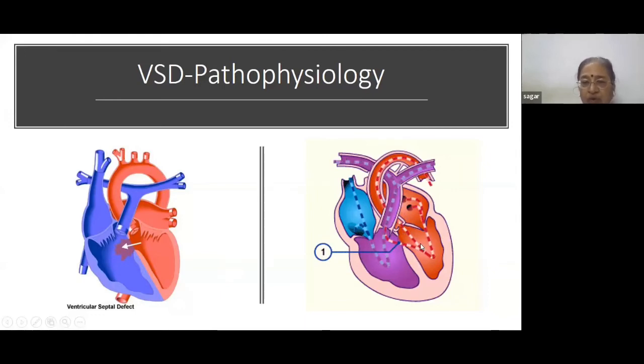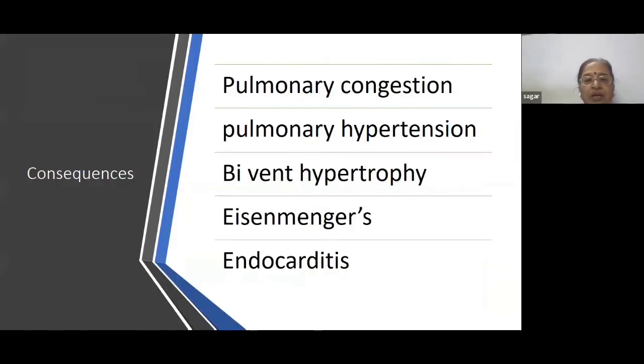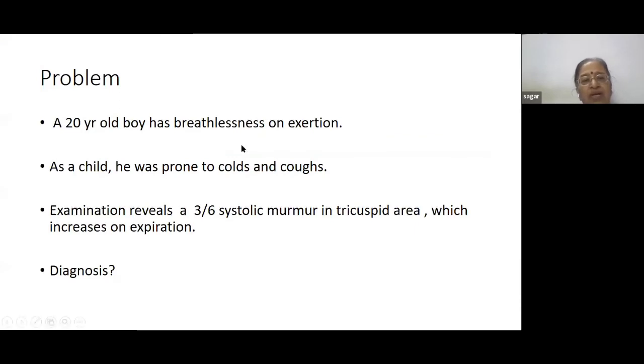So the LV also is at risk of volume overload. So consequences are pulmonary congestion initially, later on pulmonary hypertension, biventricular hypertrophy, because the RV also faces load, and the LV also gets back the volume coming from the pulmonary circulation, Eisenmenger's, and endocarditis, which we will talk about.